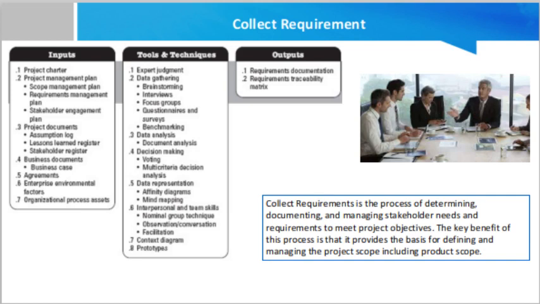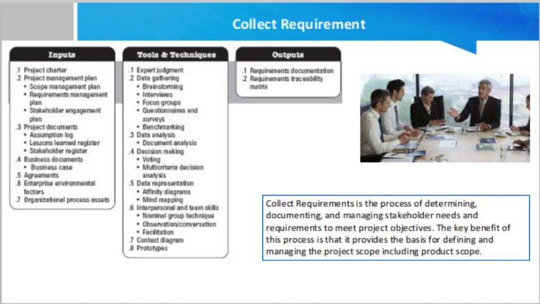The stakeholder management plan will tell you how deeply stakeholders should be involved during the requirement gathering phase. The stakeholder register will provide the list of stakeholders you should interact with to collect the requirements.